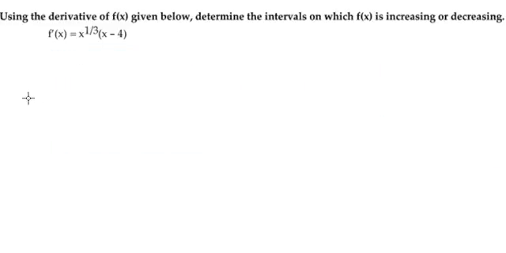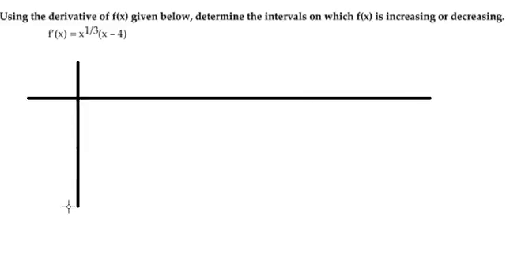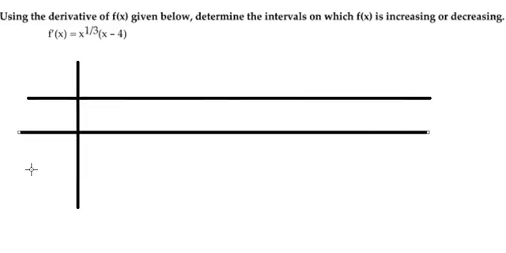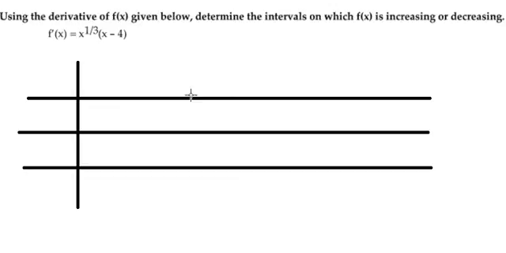First, we need to draw the table. So we have x from negative infinity to positive infinity. So we have x to the power of 1 over 3 in here, and x minus 4.